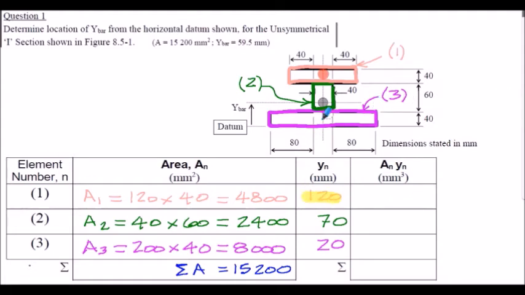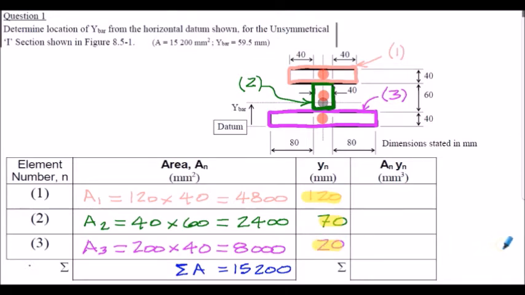For element number 2, the centroid location will be somewhere up here, and that will be half of 60, so that's 30, and then add 40 from the datum. So 70 millimeters is the location of the centroid of element number 2 from our datum at the bottom. And finally, for element number 3, the centroid will be halfway up the 40 millimeters here, so that will be 20 millimeters.